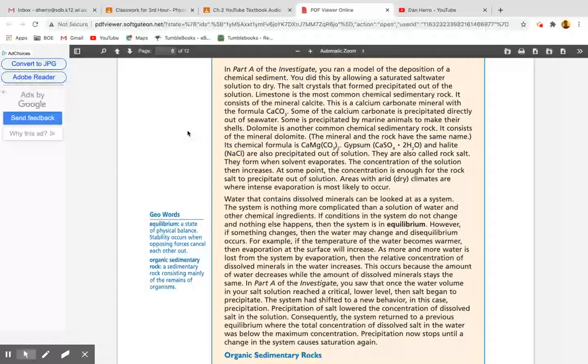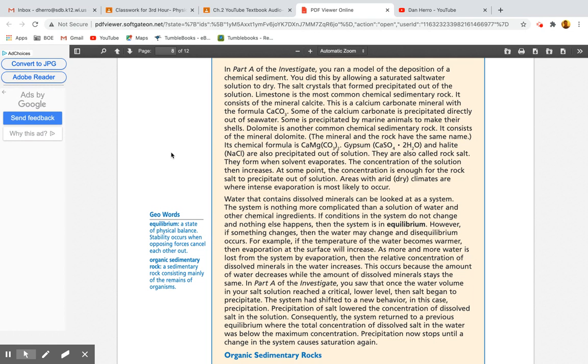Dolomite is another common chemical sedimentary rock. It consists of the mineral dolomite. The mineral and the rock have the same name. Its chemical formula is... Gypsum and halite are also precipitated out of solution.